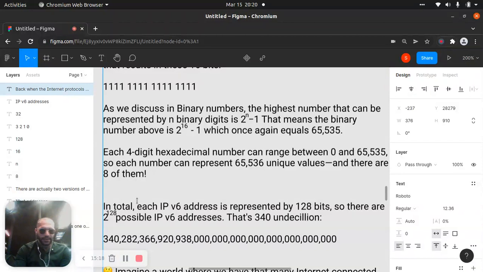Anyway, let's read here. In total, each IPv6 address is represented by 128 bits. So there are 2 to the power of 128 possible IPv6 addresses.